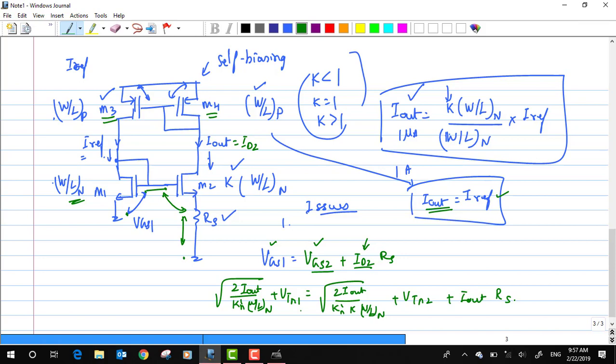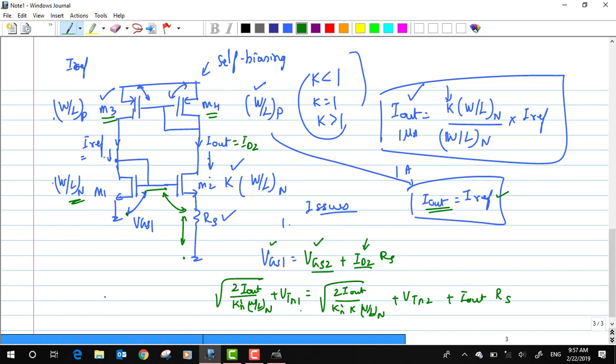Now here I'm going to make an important assumption, okay. Until I make that assumption, I cannot solve this particular equation. The important assumption is that the body of this M2 transistor is at the same potential as my source, which means that gamma is taken as 0.